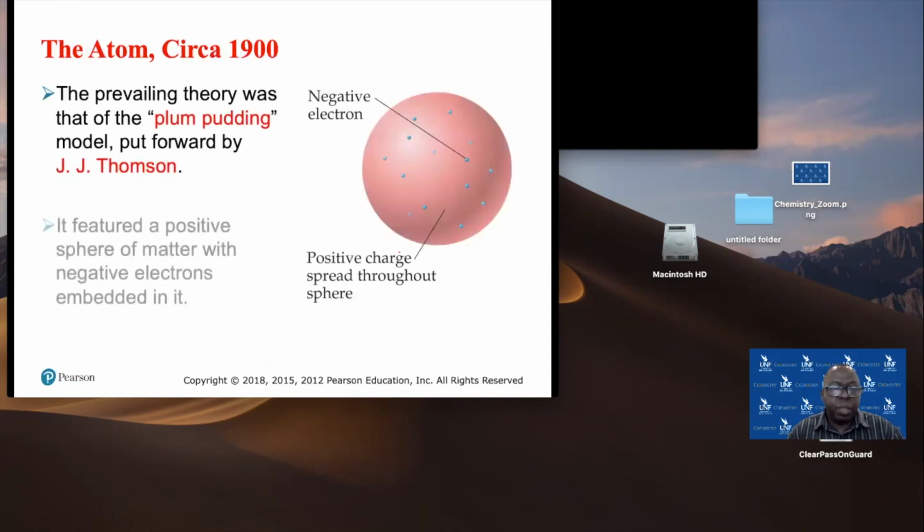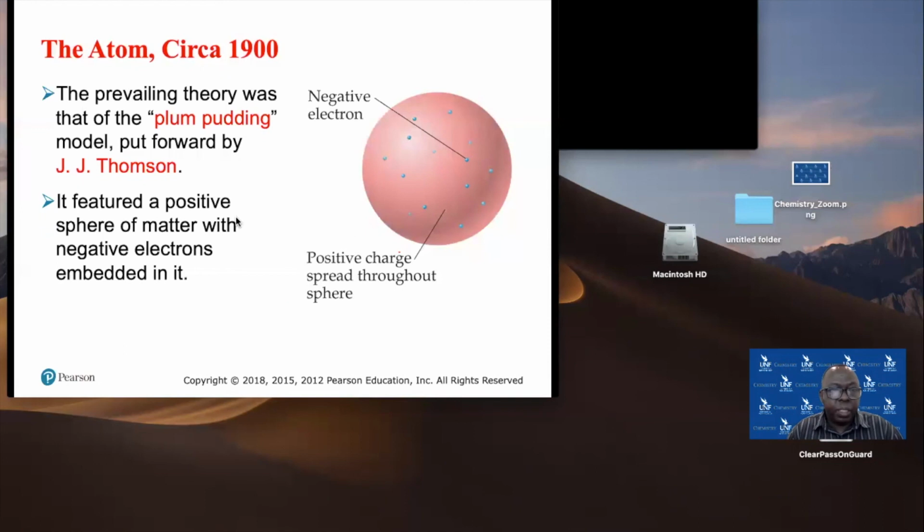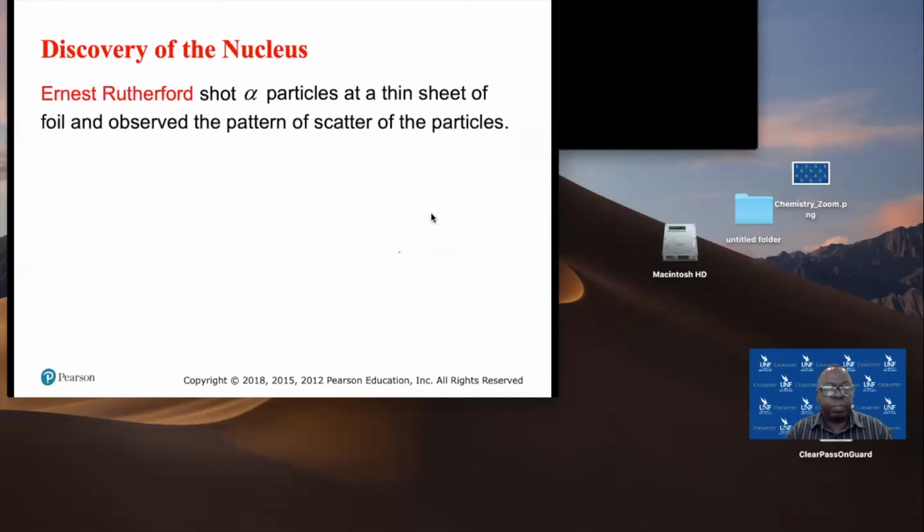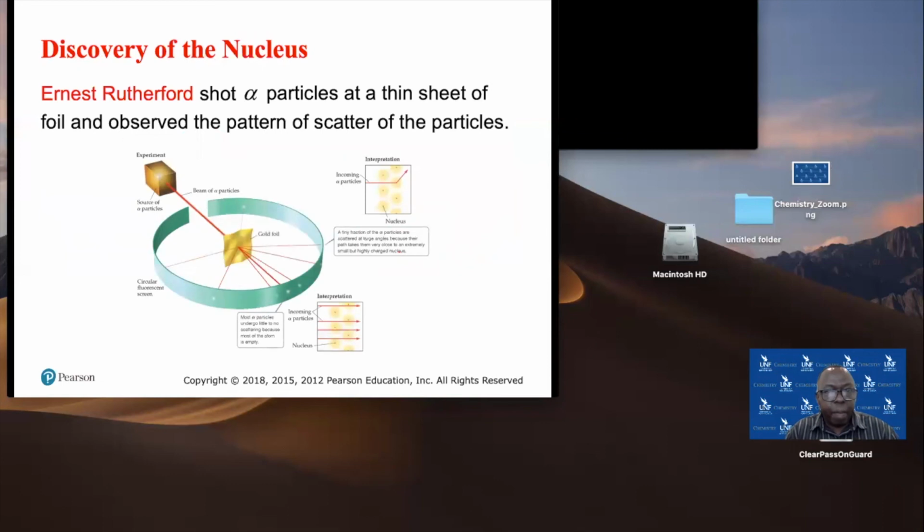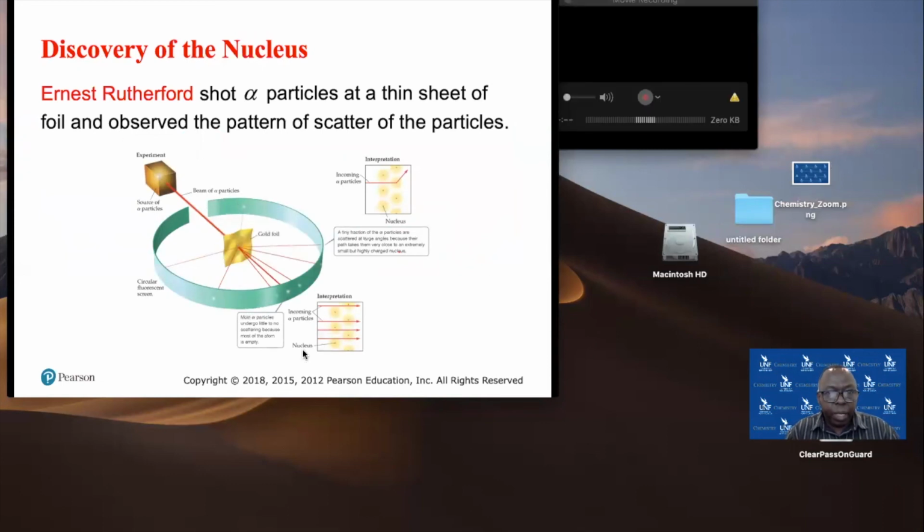So using the plum-pudding model, the positive particles, when they interact with that, either get deflected or bounce back. Remember, these are positive charges. So the bouncing back or getting deflected is because of the protons in the nucleus.